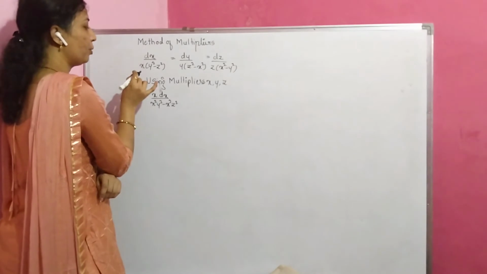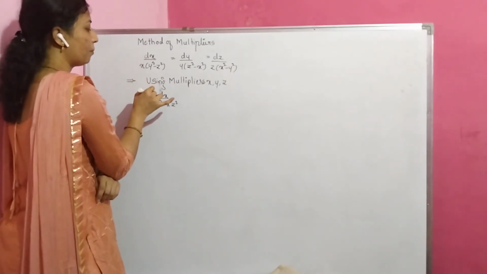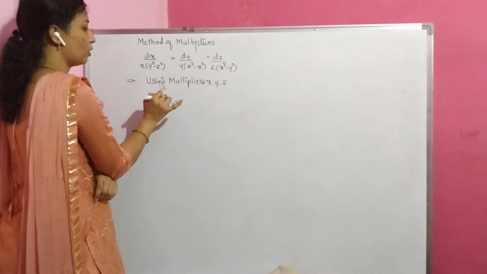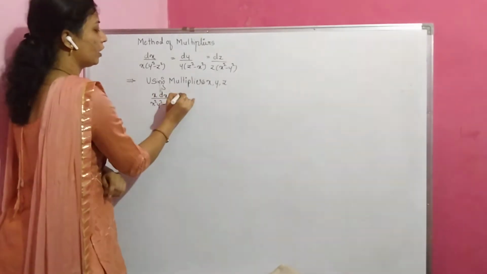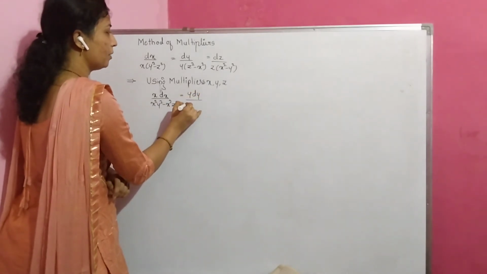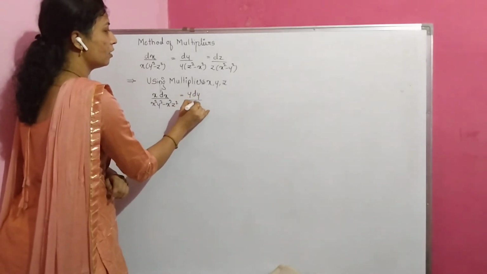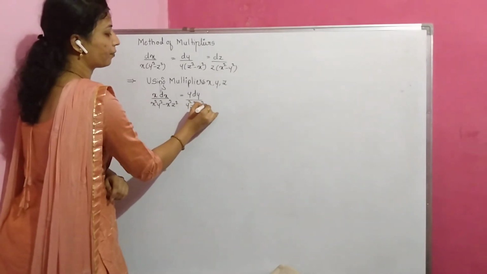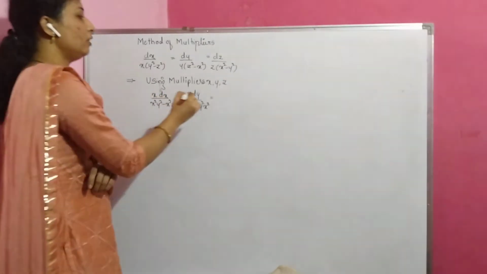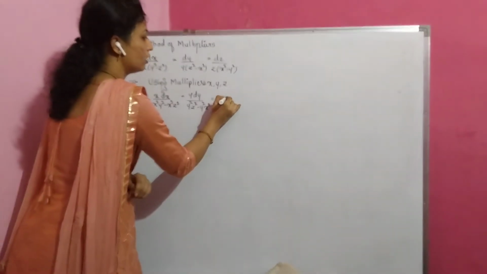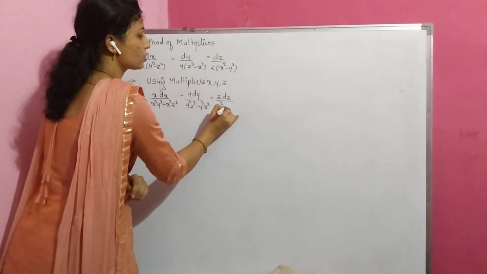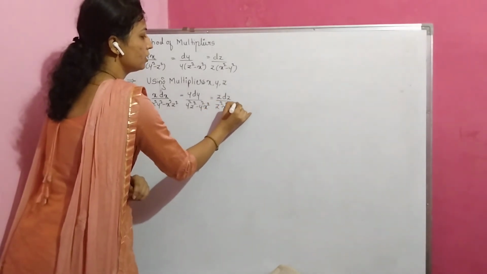Both denominator and numerator are multiplied by the term x. So x dx divided by (x square y square minus x square z square) is equal to y dy divided by (y square z square minus y square x square), and this is equal to z dz divided by (z square x square minus z square y square).